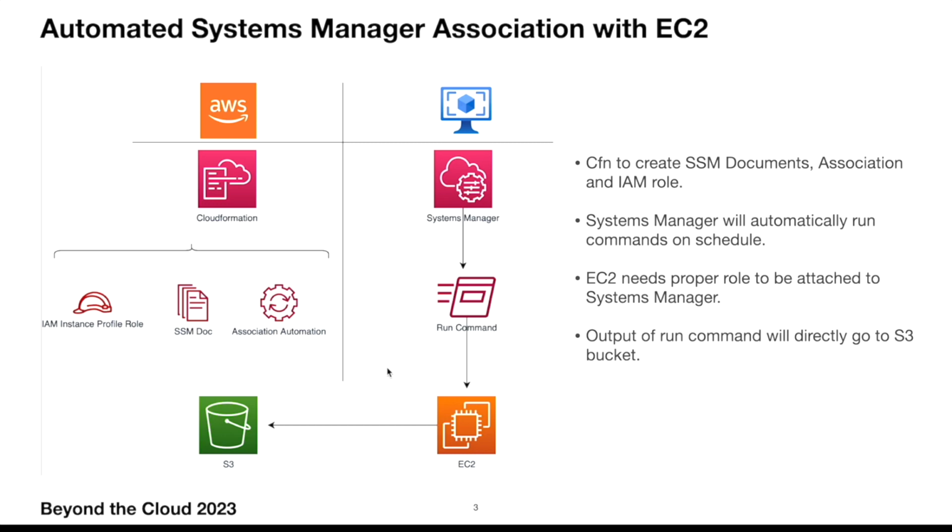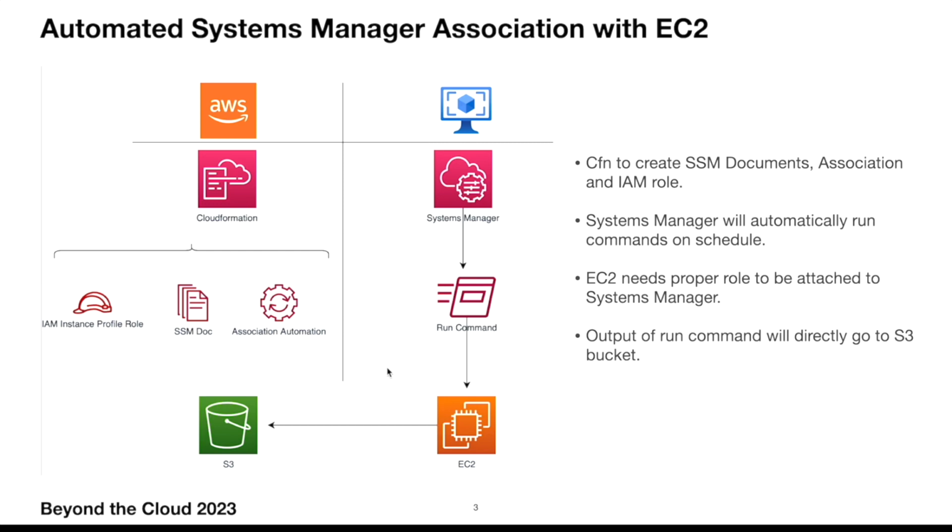Then Systems Manager came in. So how to automate the thing? The next possible question is, how to automate the particular thing, wherein I don't have to go to the EC2 instances manually one by one and run the command manually. What Systems Manager came up with is a concept called document. In a document, we can define scripts. It can be a PowerShell script, it can be a shell script.